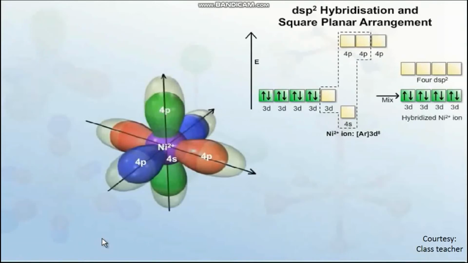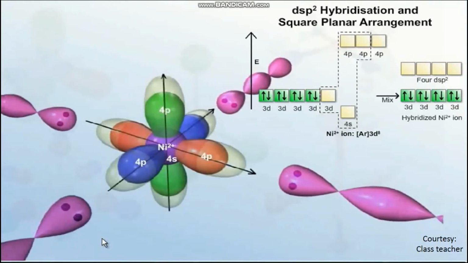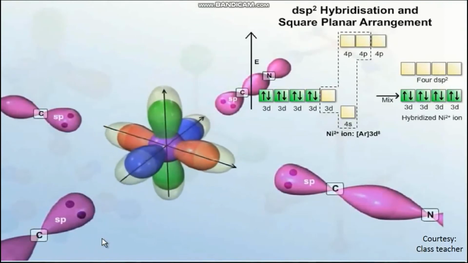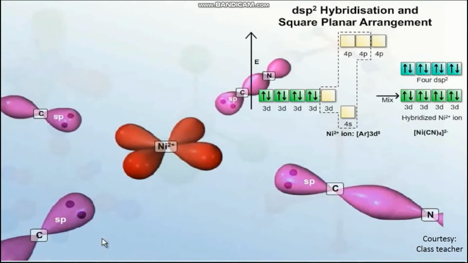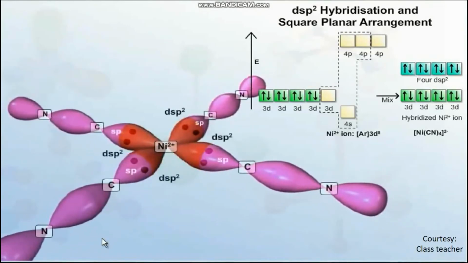In this complex, nickel is in +2 oxidation state and its 4 dsp2 hybrid orbitals point towards the corners of the square. One of the sp hybrid orbitals of carbon in cyanide ions overlaps with them to form 4 nickel cyanide bonds. Each cyanide ion donates a pair of electrons and forms a nickel cyanide bond. The compound is diamagnetic due to the absence of unpaired electrons.